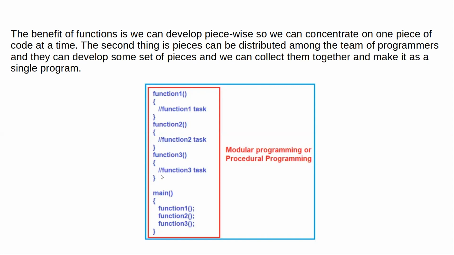Once function 1's statements are executed, the control comes back to the main method. Again I'm invoking function 2, the control goes to function 2, and it executes the statements in function 2. When this is done, it comes back to the main method. Now it executes function 3, calling the function 3 statements, and then again it comes back. After function 3 there is nothing more, so it simply comes out of the program.